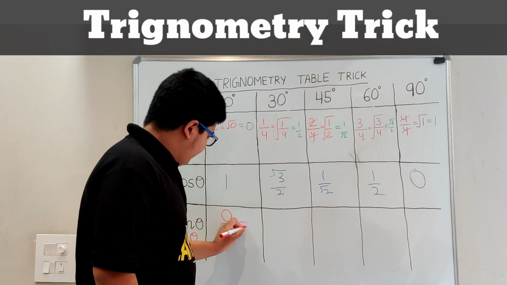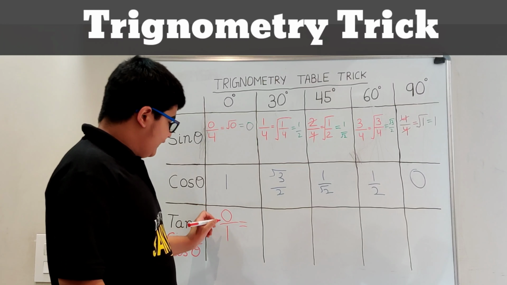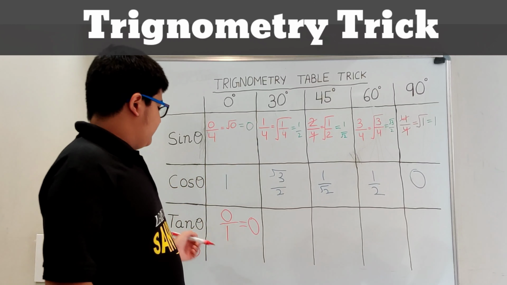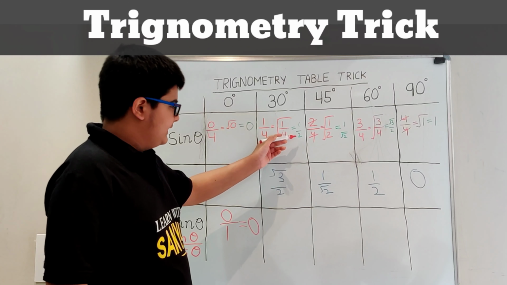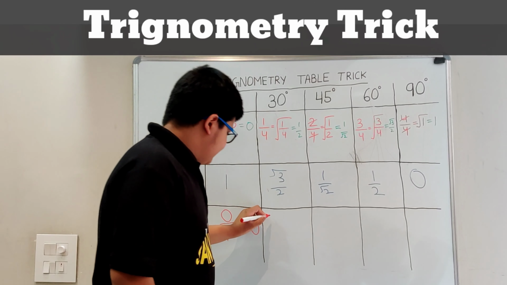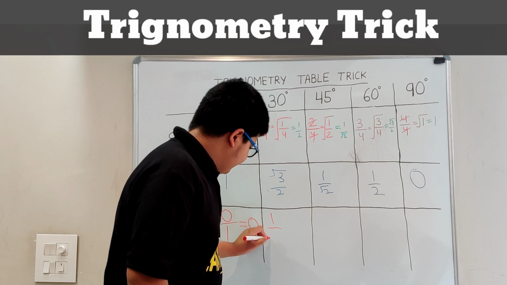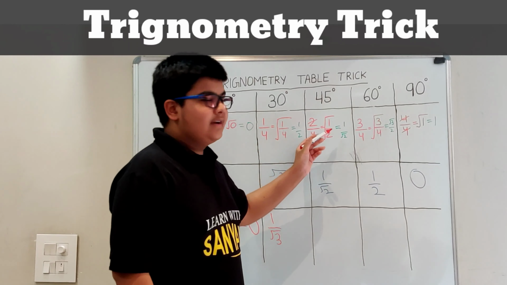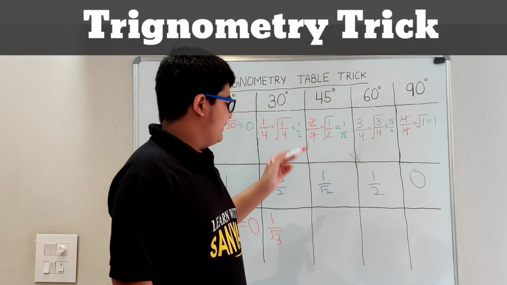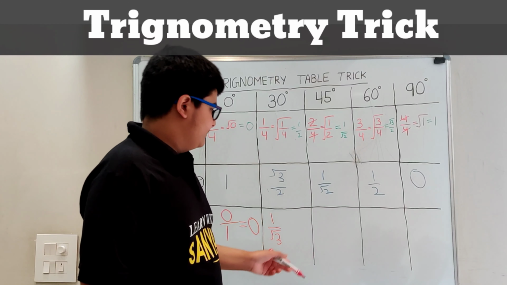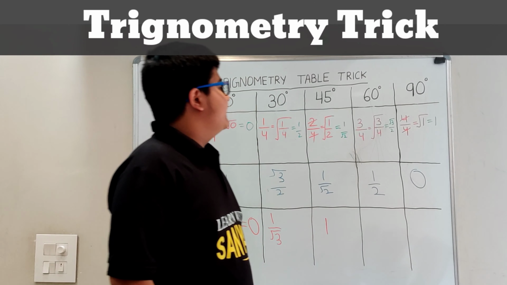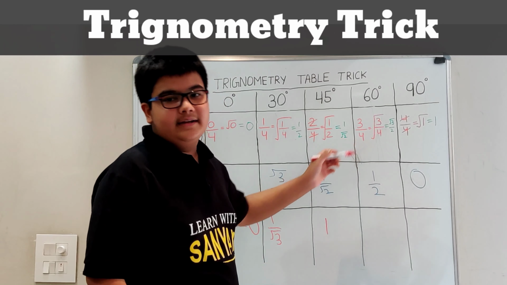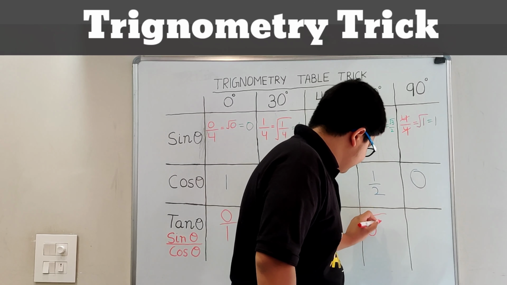So we get the value of tan theta as 0 upon 1, which is 0. Similarly, for tan 30, we will divide this number by this number and we will get 1 by root 3. For tan 45, we will divide 1 by root 2 by 1 by root 2 and we get 1. Similarly, for tan 60, we will get root 3.